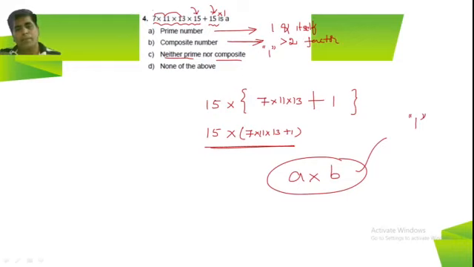For the product AB, A is also a factor, because in A into B, A is available. B is also a factor. So how many factors did we get? 1, 2, 3. It is more than 2.